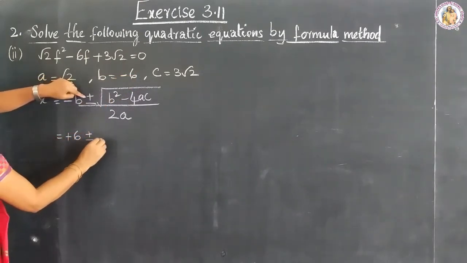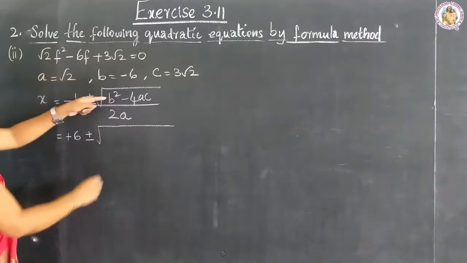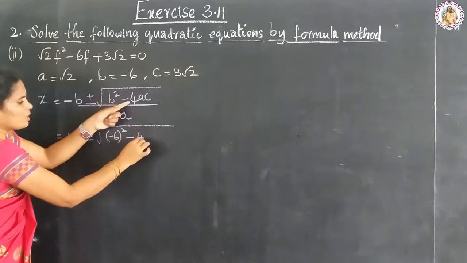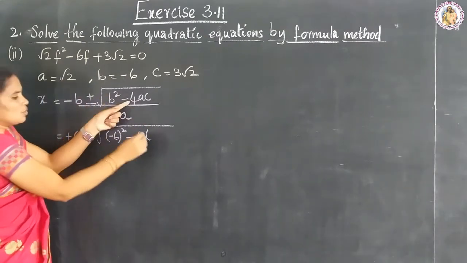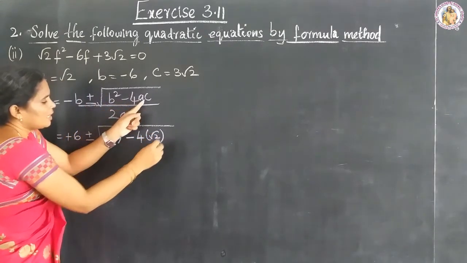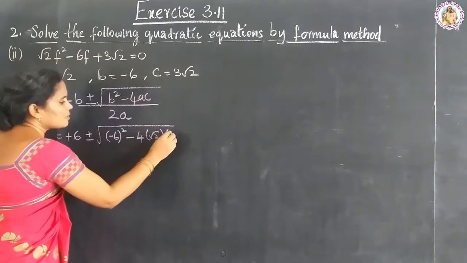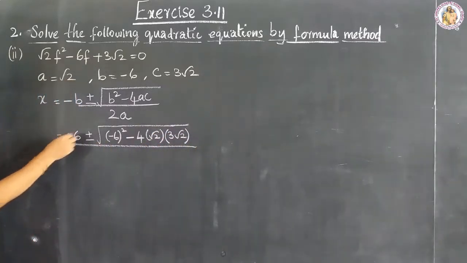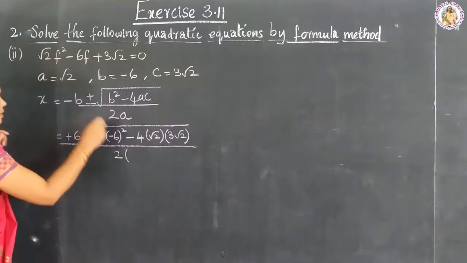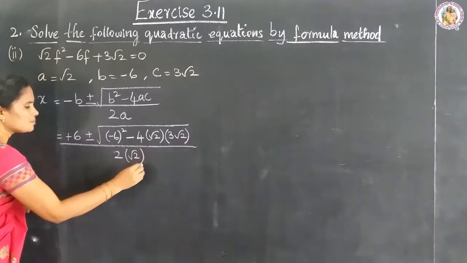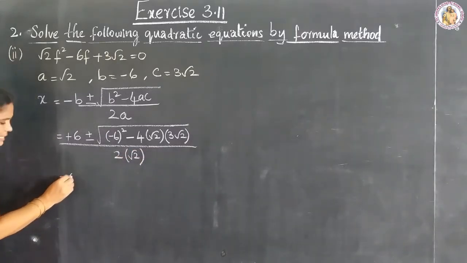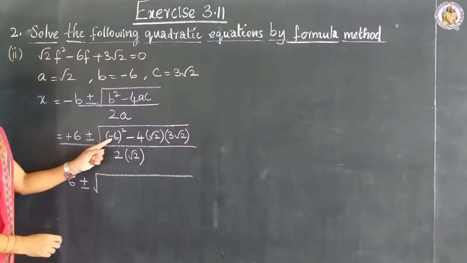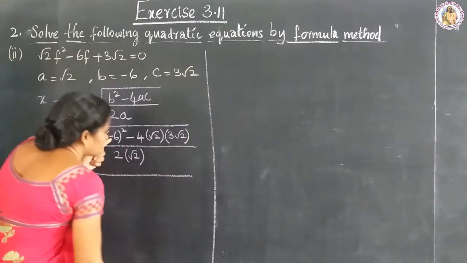Plus or minus square root of b square, that is, b is minus 6 whole square minus 4a. What is a? Root 2 into c, 3 root 2, by 2a. A root 2 is equal to 6 plus or minus 6 into minus 6, 6 into 6, 36.